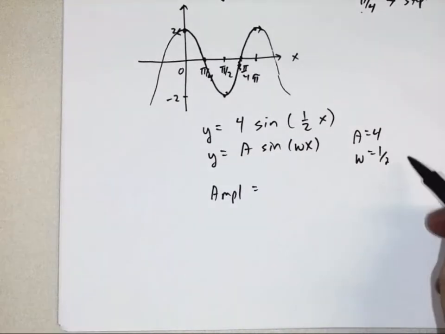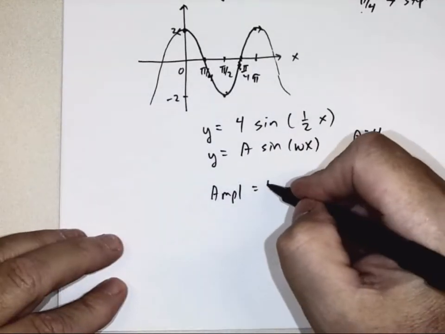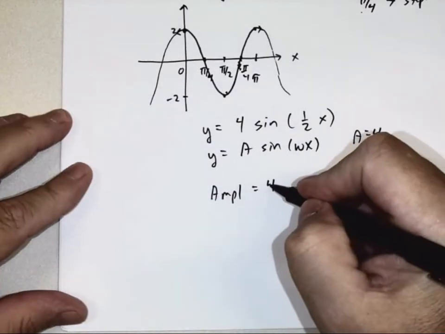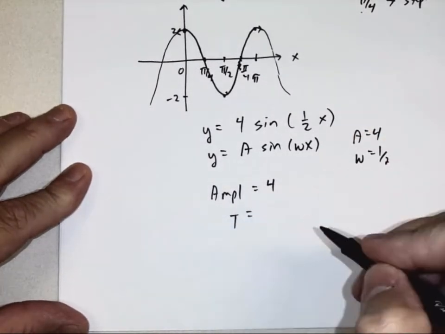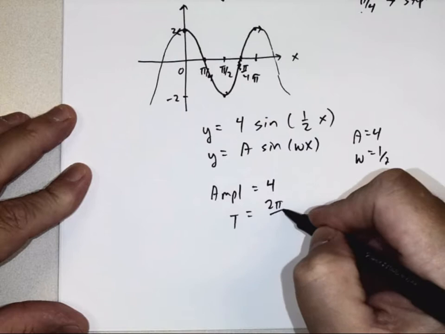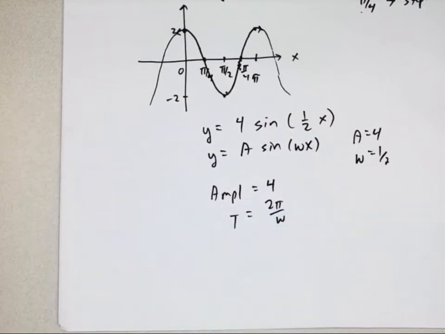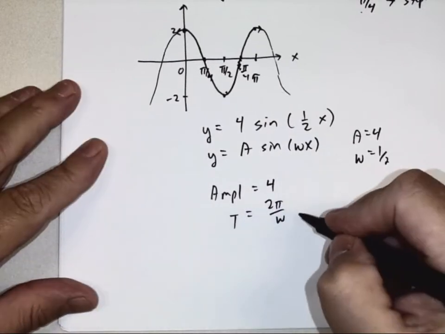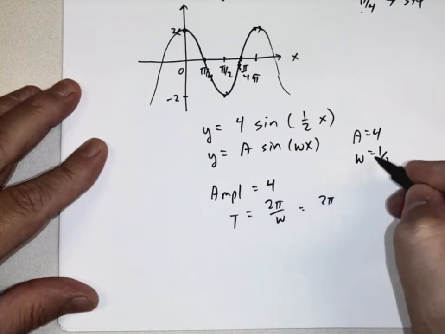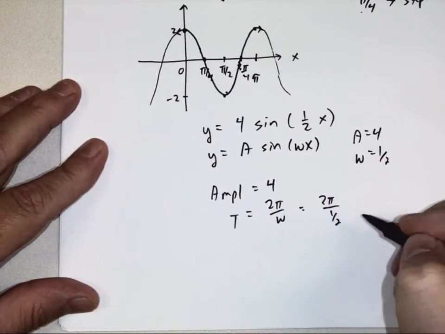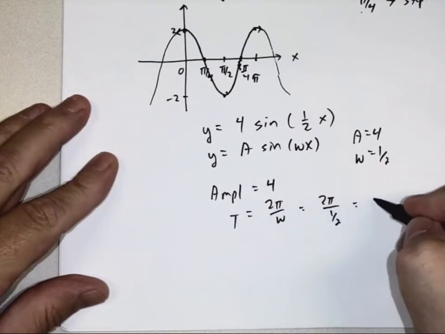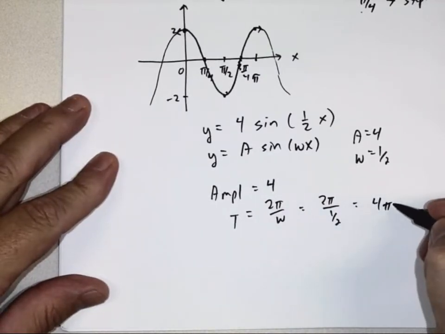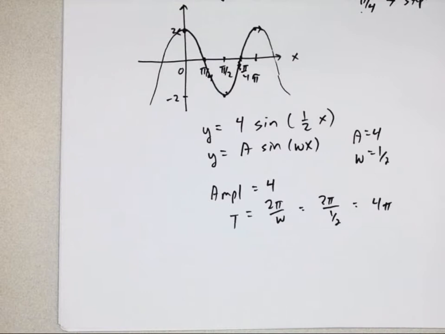Of course, the amplitude is the absolute value of A. Amplitude is going to be 4. The period, T, is 2 pi over omega. Omega is actually 1/2. If you simplify this, it ends up being 4 pi.